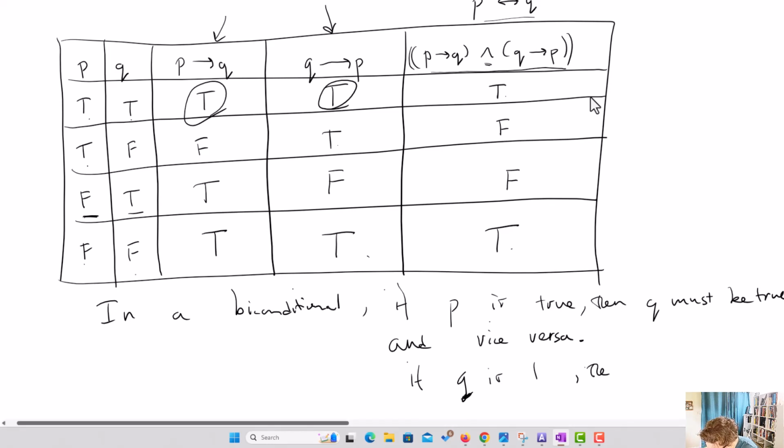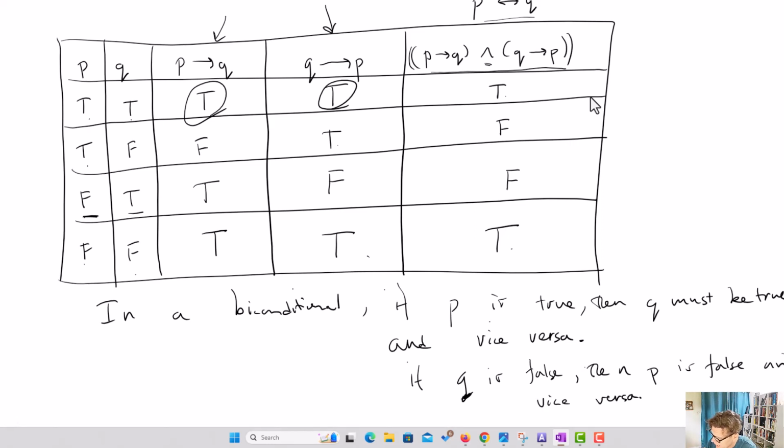If Q is false, then P is false, and vice versa. From a logical and mathematical perspective, this means that P and Q are equivalent. This is a very powerful thing, because anywhere I see P, I can substitute Q, and anywhere I see Q, I can also substitute P.